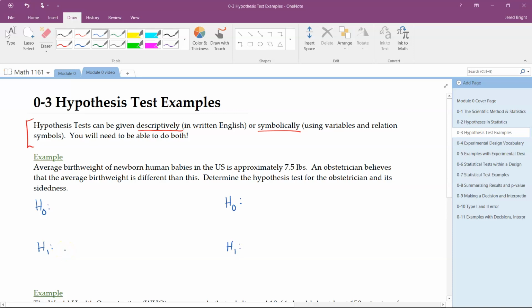I want to write the claim, or the new idea, in the alternative.